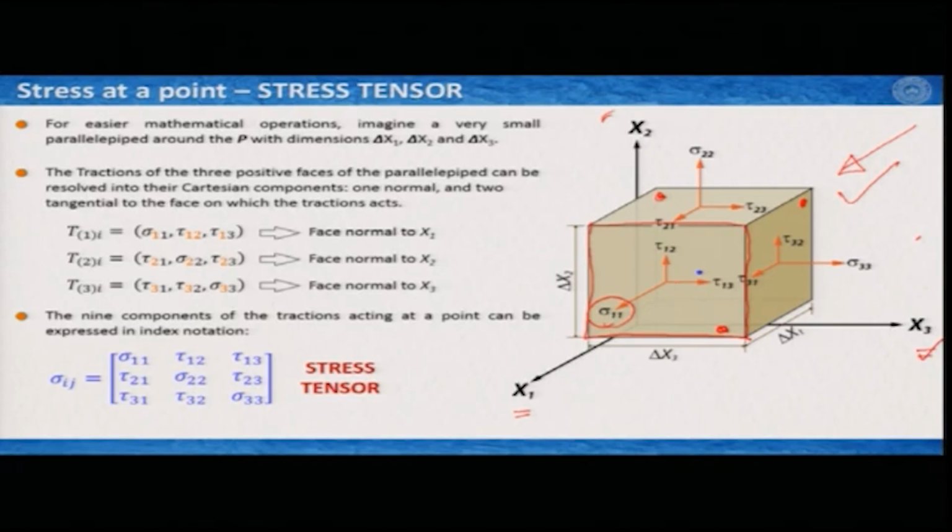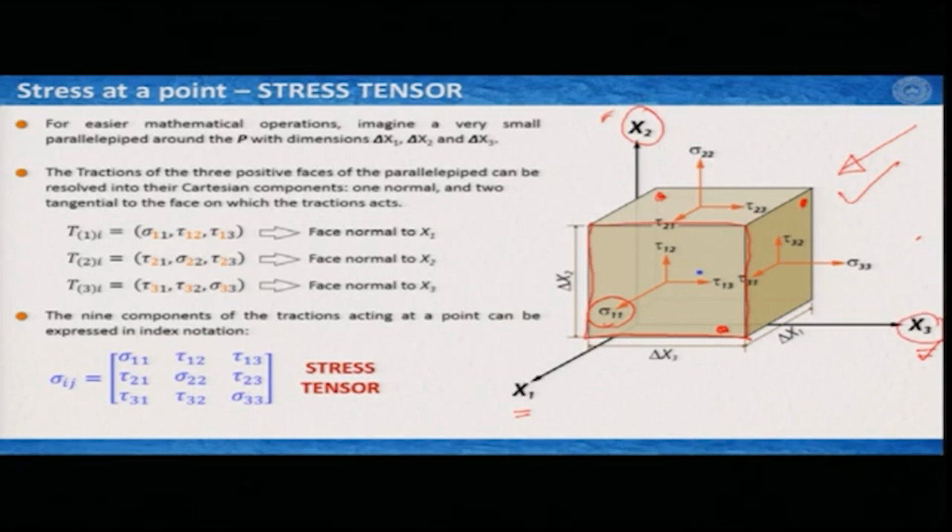So, we actually get 3 mutually perpendicular stress components, one of them a normal stress component and 2 of them shear stress components, where one of these 2 is aligned to x2 and the other is aligned to x3.